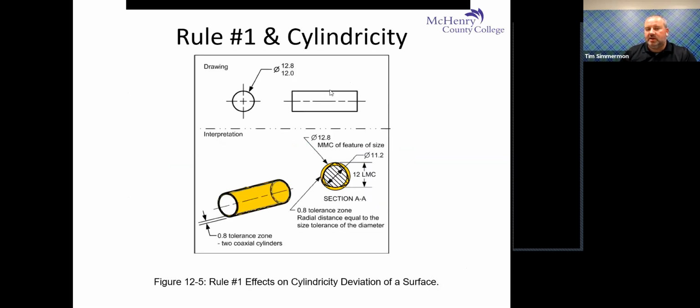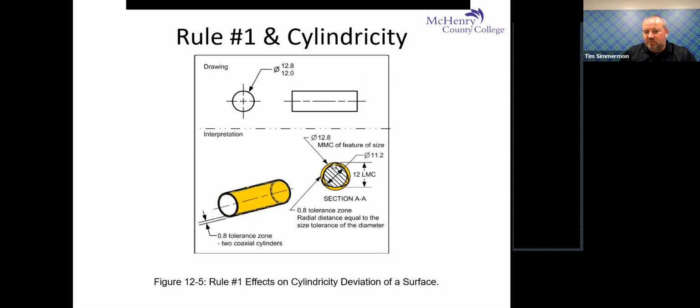Let's take a look at rule number 1 and cylindricity. So 12.8 to 12.0 millimeters on the top part for this pin that we've got drawn. This is the rule number 1 tolerance. So there's no cylindricity applied to this, but still the part has to have a cylindrical tolerance, right? All points have to lie within a certain area. So that tolerance created is this 0.8 between the two coaxial cylinders.